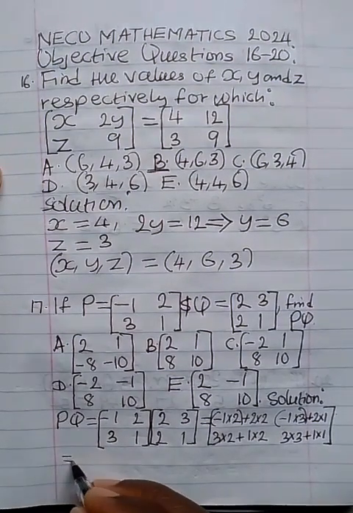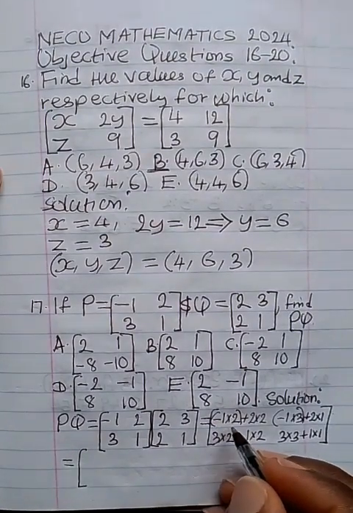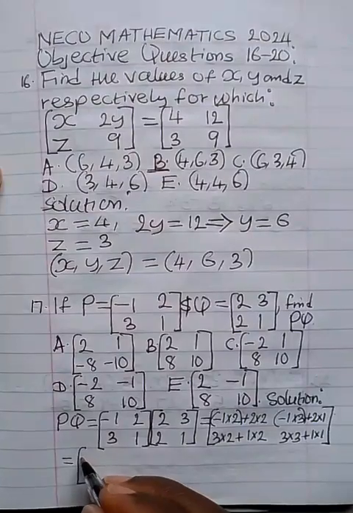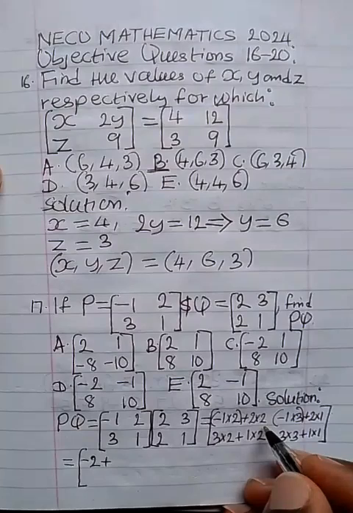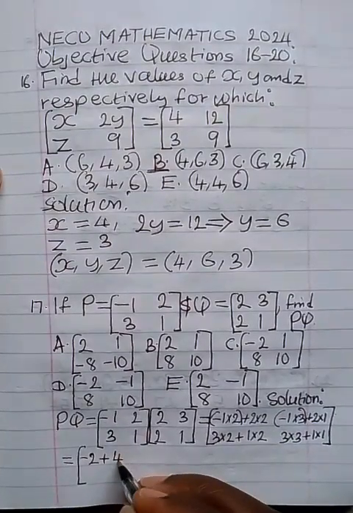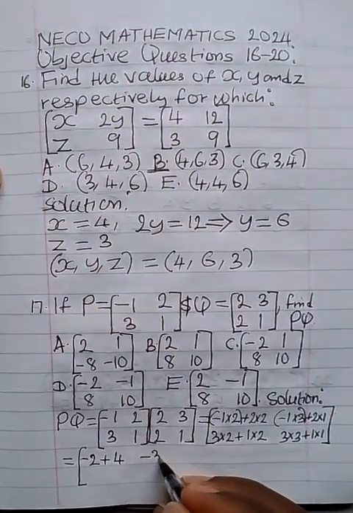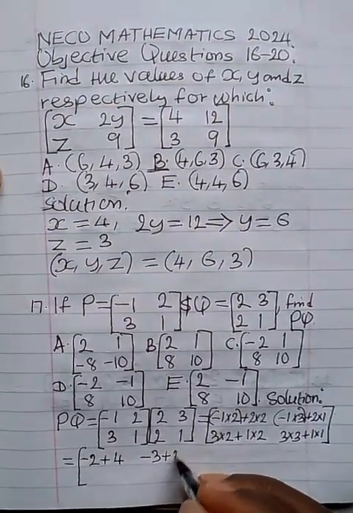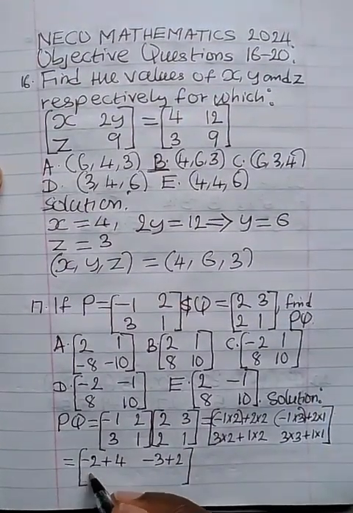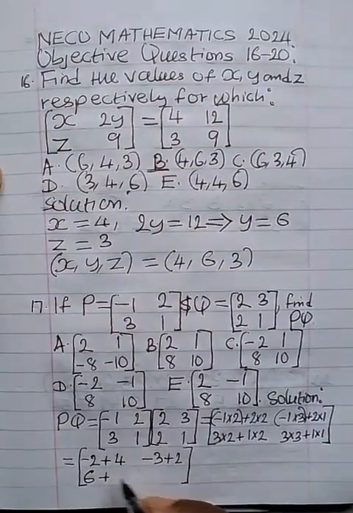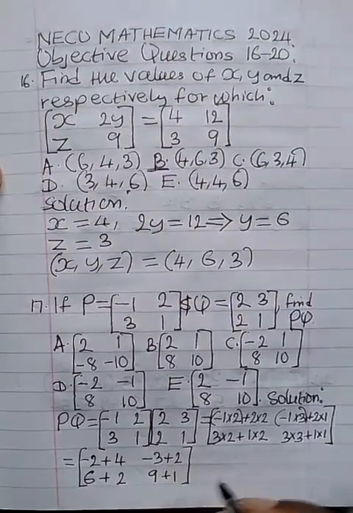So this is equal to, you come here, minus 1 times 2, that is minus 2. The plus sign will follow. You multiply from here, you have 4. Next, minus 3 plus 2. You move to second row, you have 6 plus 2, then 9 plus 1.